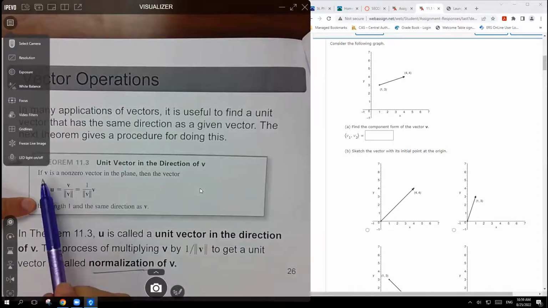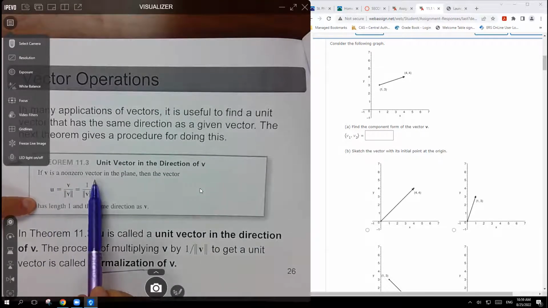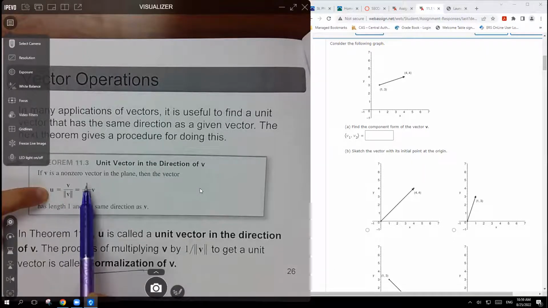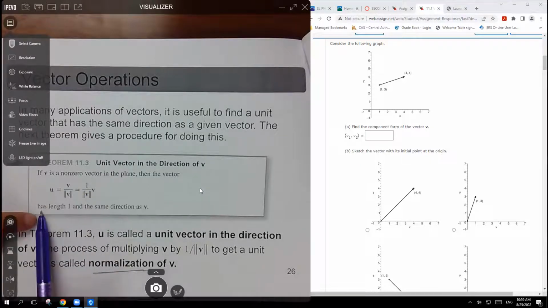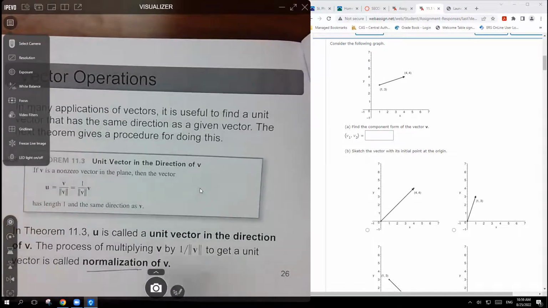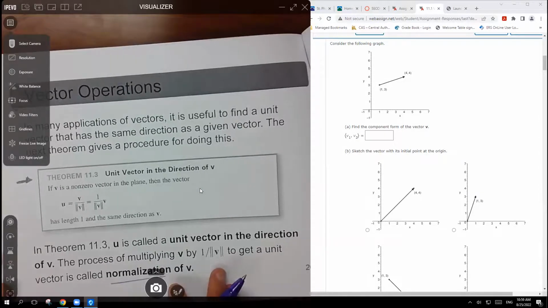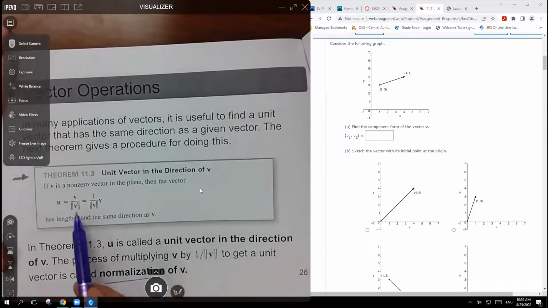It says if V is a non-zero vector in the plane, then the new vector U, which is V divided by the length of V, the same as 1 over the length of V times V, has length 1. So if you have any vector and they ask you to normalize it, you're going to do these steps. I think that we have an example.